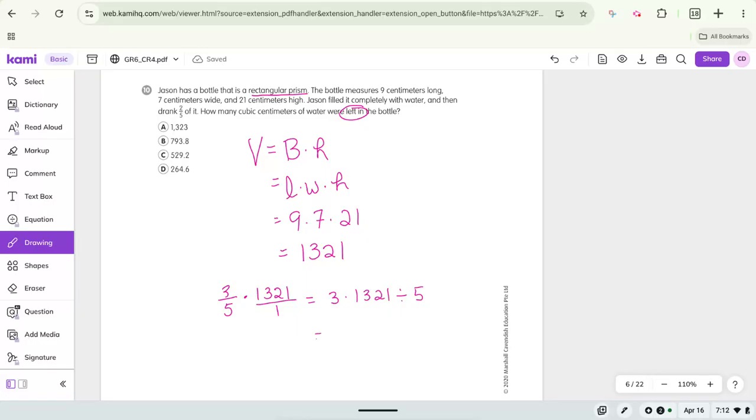And doing that will result in 793.8. 793.8 cubic centimeters is the amount left in the bottle. Many of you multiplied by 2/5, so you found how much water Jason drank, not how much was left in the bottle.